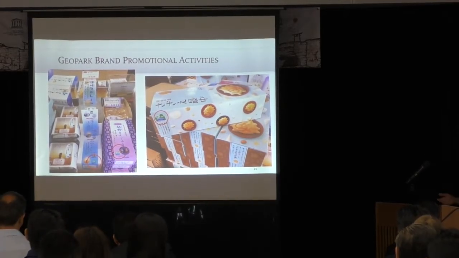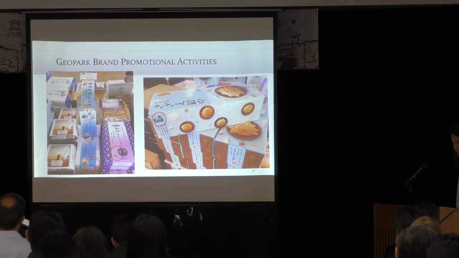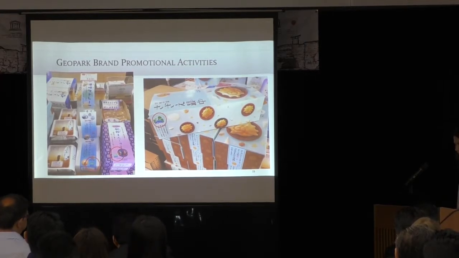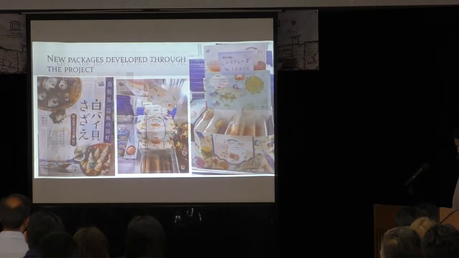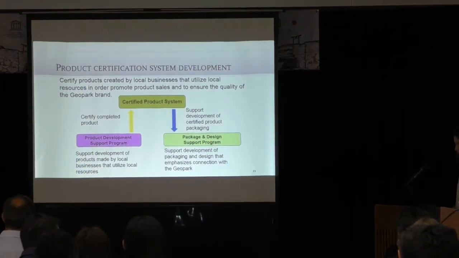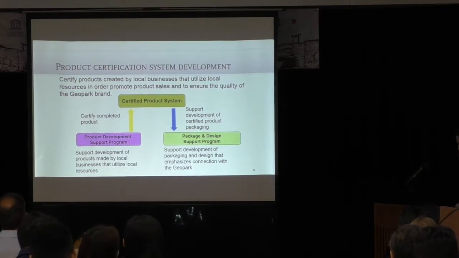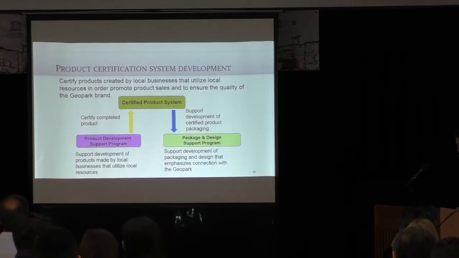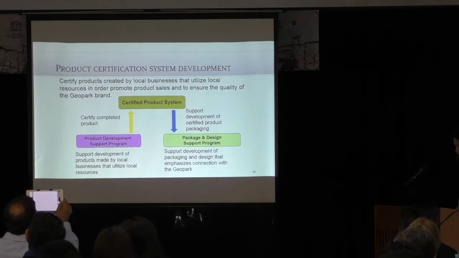And because of that, starting last year, we have started a new project that utilizes the Geopark brand to promote product development. So I will go back to that soon. We are utilizing the Oki brand logo in local initiatives such as the certified product system and the product development system.